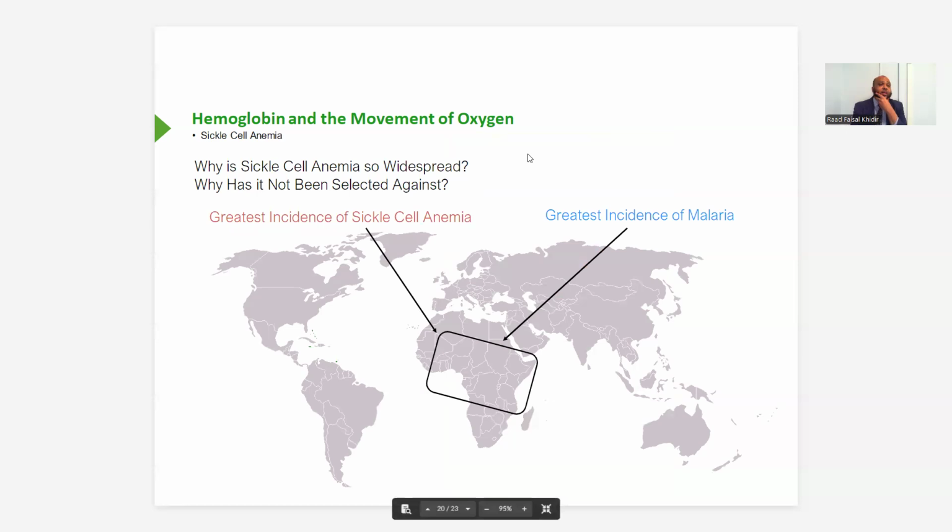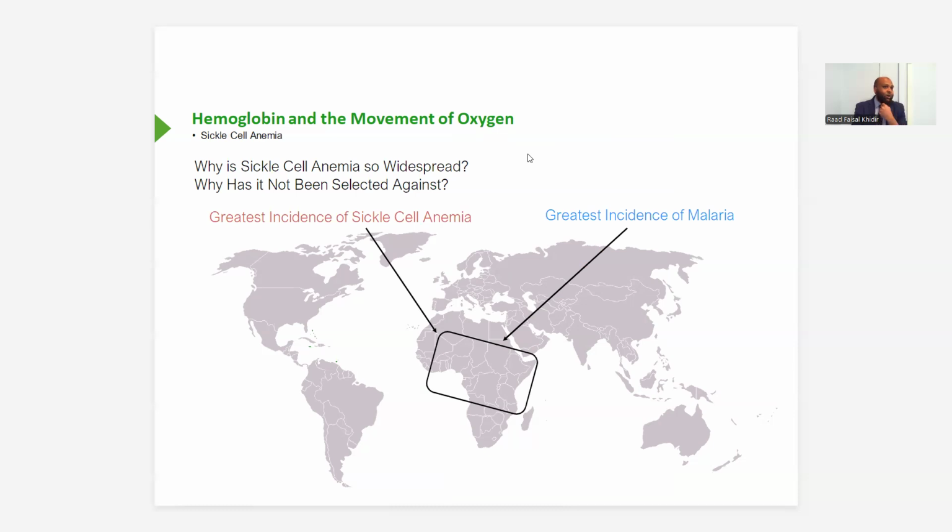Okay, another thing about the malaria. Sometimes you get an advantage. So sickle cell anemia is homozygous recessive. 2 little r's. If you have 2 big R's, you're normal. You don't have sickle cell anemia. If you have 1 big R, 1 little r, you are a carrier.